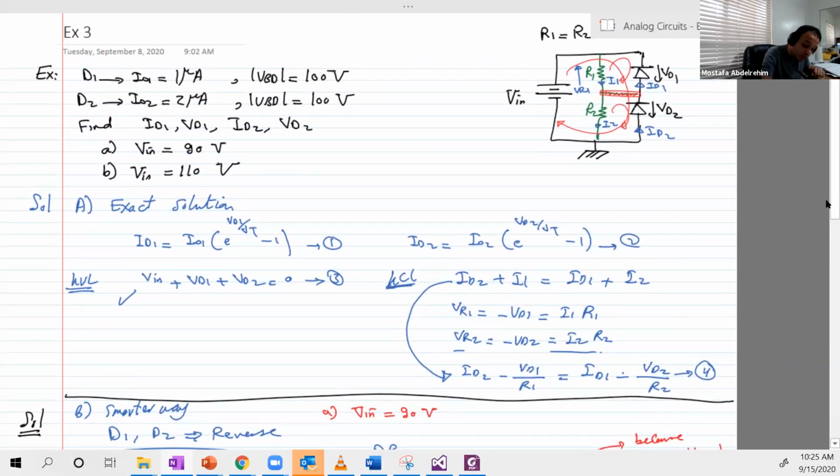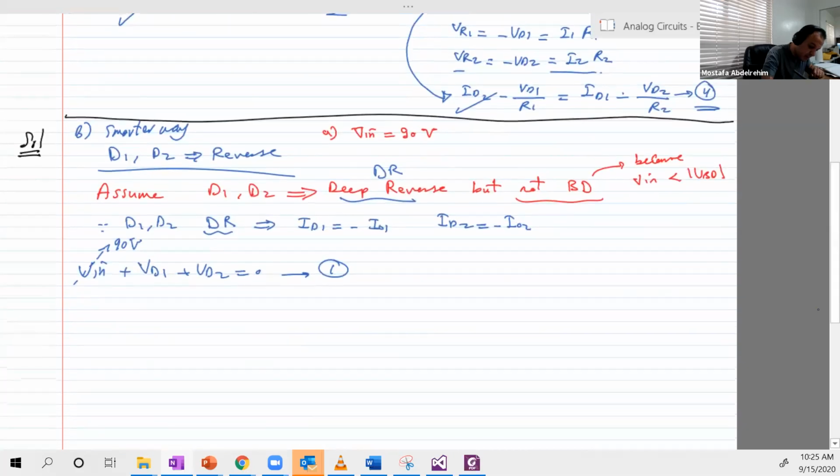And the other equation is actually here, number 4: ID2, which is known now, minus VD1 over R1 equal to ID1, which is also known, minus I01, minus VD2 over R2. This will be equation number 2.